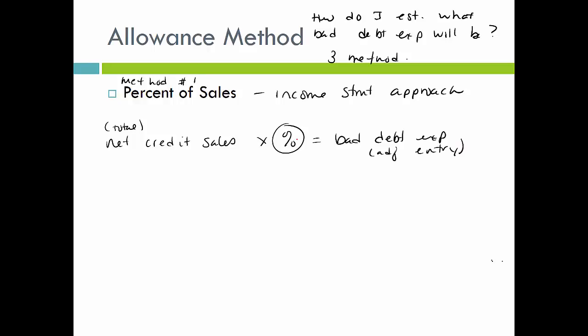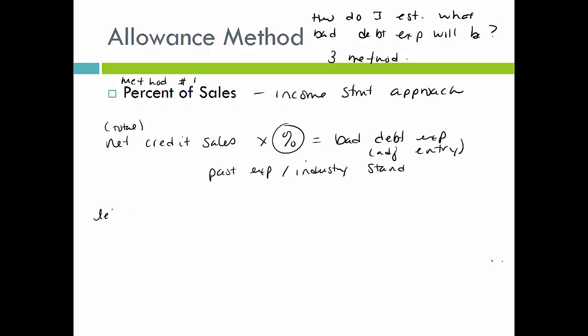Where did this percent come from? It's probably based on past experience or industry standards, not really standards, but what's common in this industry. So if you've been doing this for a while, you'll use your own past experience. If you're new to the industry, you would try to figure out what's common for that industry, and that's the percent that you would use.